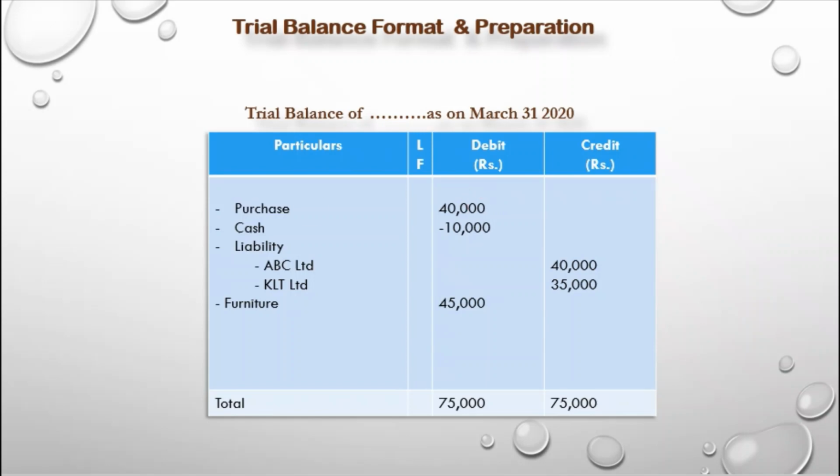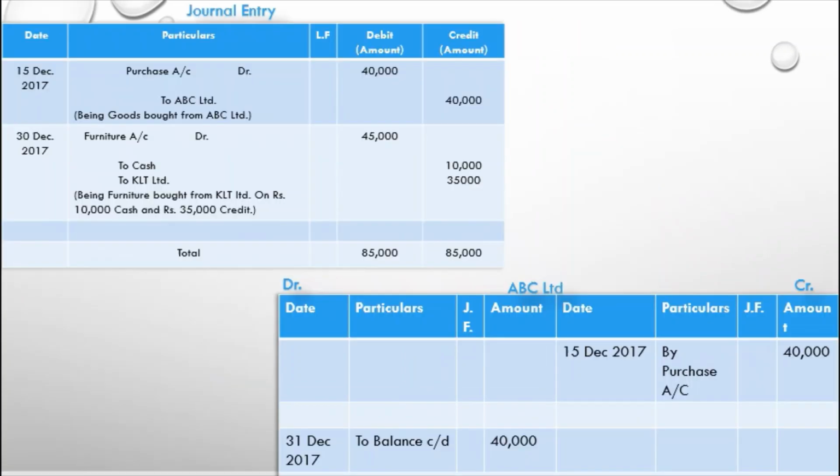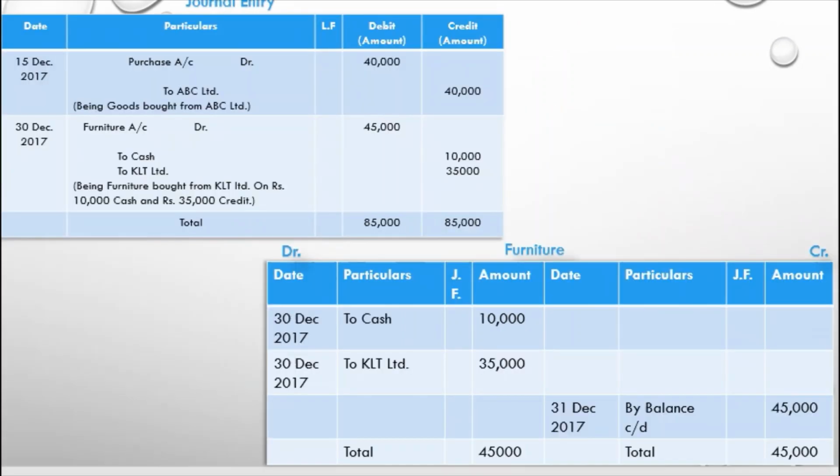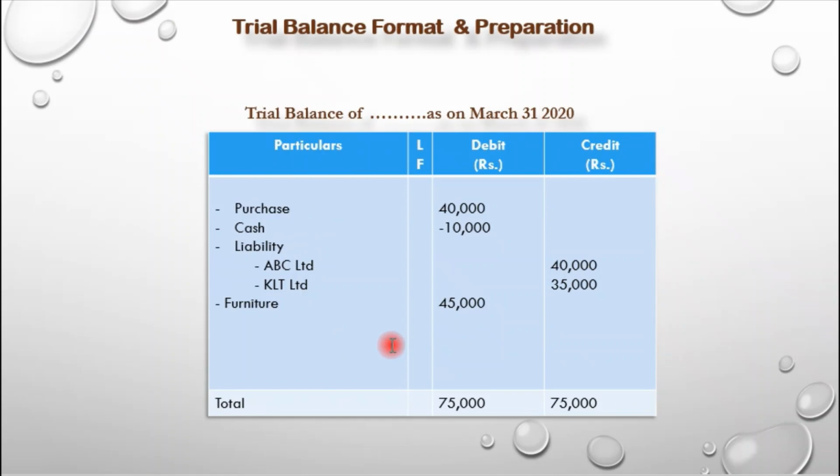Now what about credit balance? Here, this is ABC Limited. ABC Limited is a creditor and it has a 40,000 credit balance. So this credit balance will be transferred to the trial balance credit side. And then the third one is furniture. In furniture you can see that only a debit balance of 45,000 is there. So you have to put furniture with a debit balance.